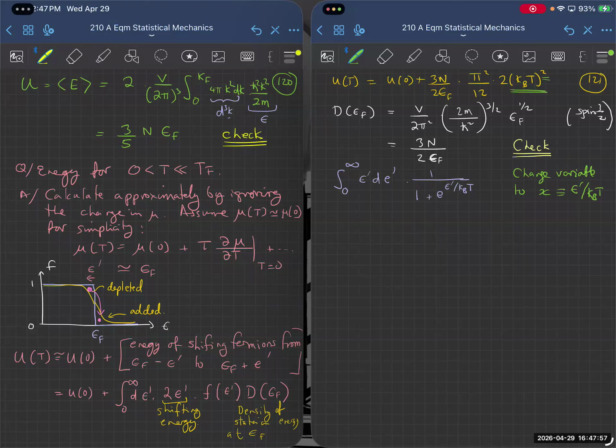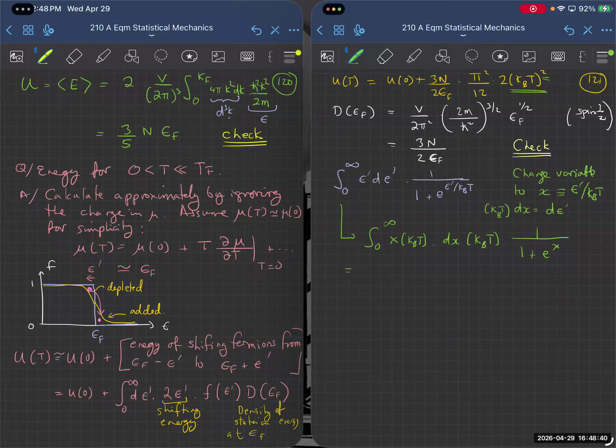If I do that, then dx is equal to d epsilon prime over kBT. So then this integral becomes the integral from 0 to infinity. Epsilon is x times kBT, d epsilon is dx times kBT, and then I have 1 over 1 plus e to the x.